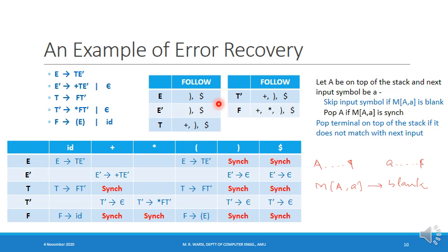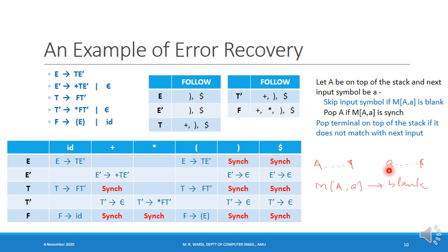So in this case also, for this state of the parser, where capital A is on top of the stack and the next input symbol is small a and this entry is blank in the predictive parsing table, I will skip this particular input symbol. So this small a will be skipped.